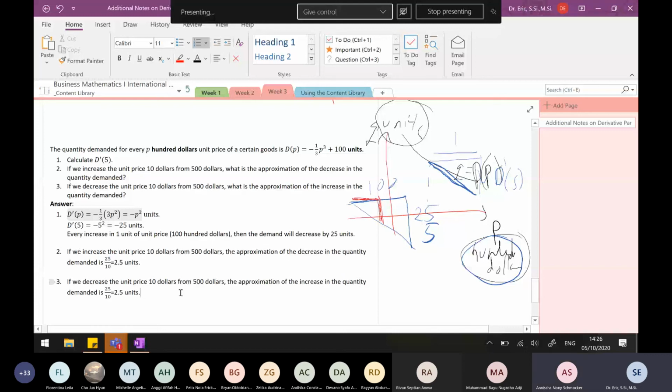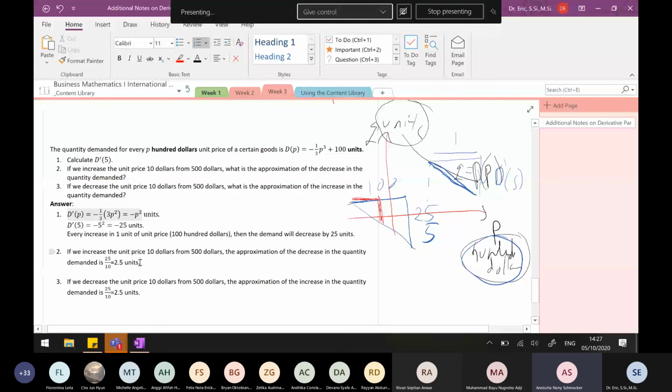Yes, questions? I don't get why if we increase $10 from 500, the demand is 25 per 10. Shouldn't it be 5? Sorry, I don't get why it is 2.5. Why isn't it 5?